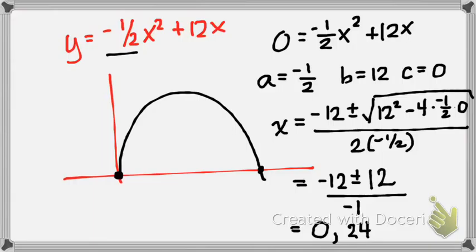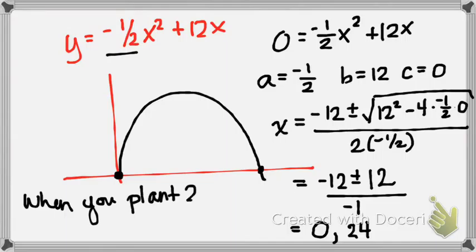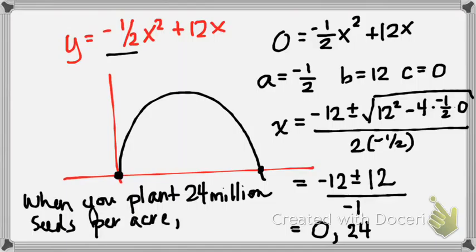So the answer is, when you plant 24 million seeds per acre, no barley is harvested, according to this model.